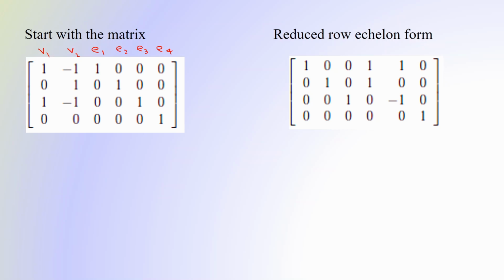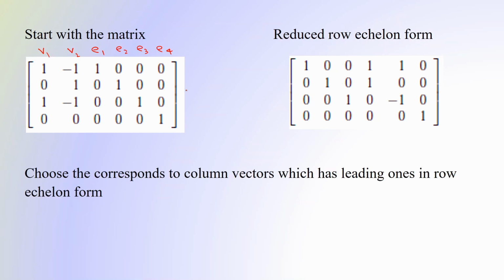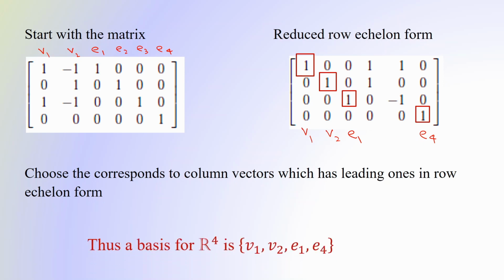Once you convert it, you take the columns which have leading 1s. So choose the corresponding column vectors which have leading 1s in row echelon form. Now you can see v1, v2, e1, e4 will form a basis for R4.